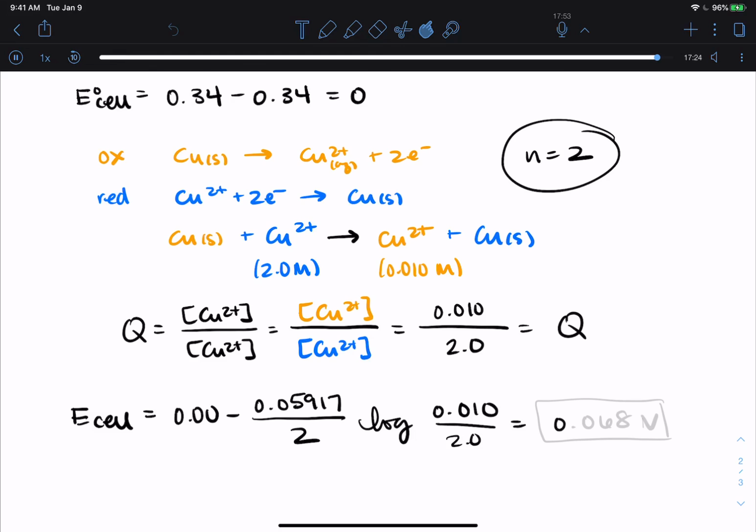And in the end, you get positive 0.068 volts, which is not very big, but it's a positive value, which would give us a negative delta G, which means it's thermodynamically favorable, or as some people would say, it's a spontaneous reaction. So this reaction will run until the potential gets down to 0, which is probably going to happen when the concentrations are equal.